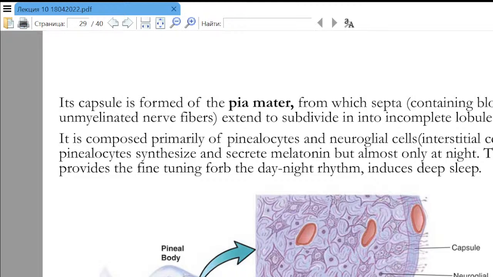This is the pineal body, which consists of pinealocytes and neuroglial cells. We see the connective tissue septum. Pineal body, scheme.